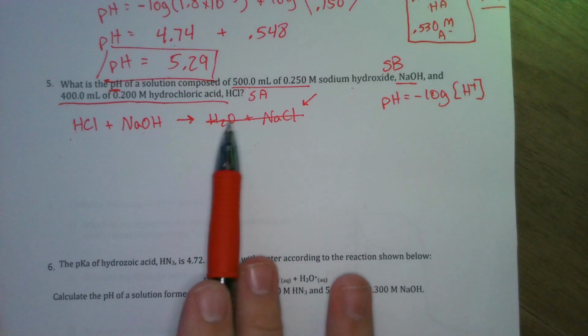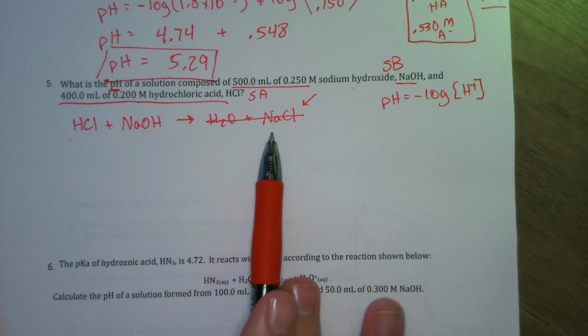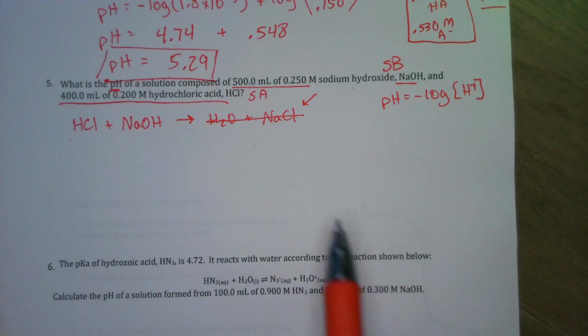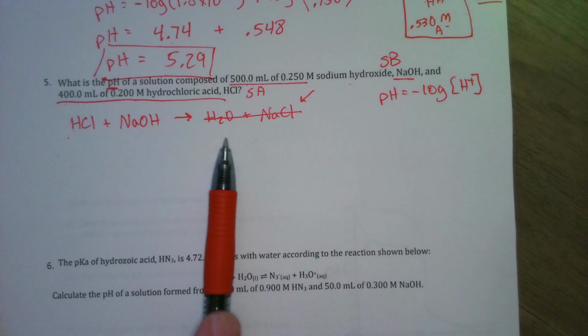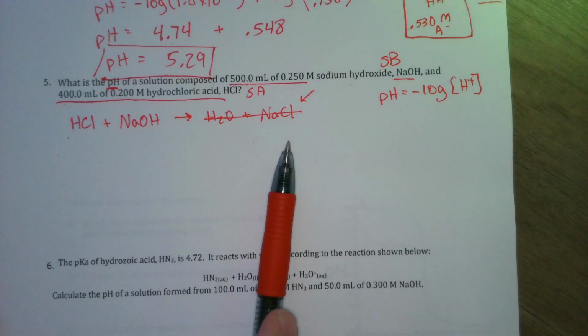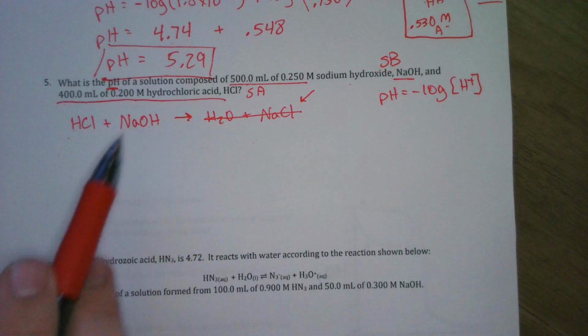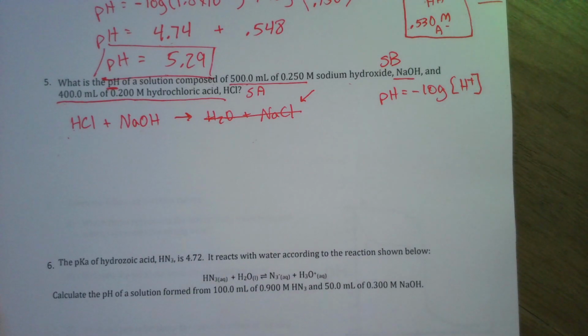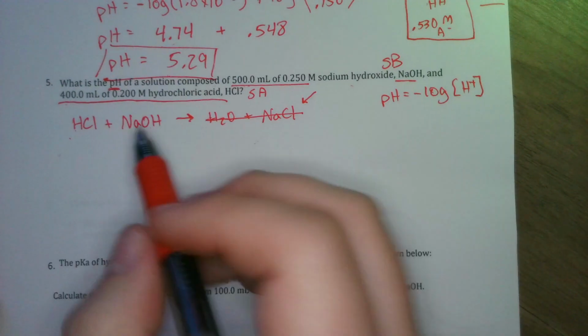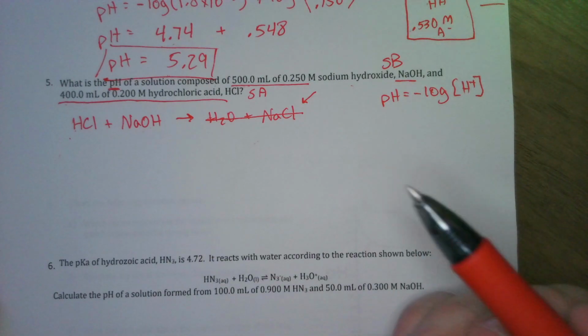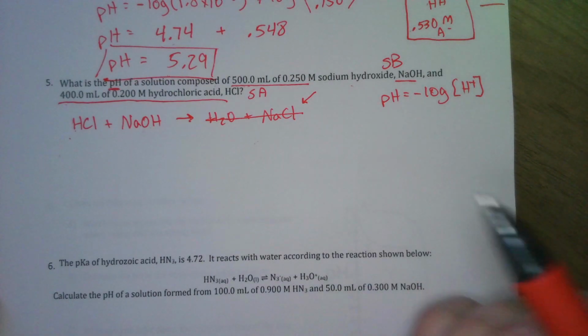And because of that, the H2O and the NaCl won't matter at all, right? H2O is neutral, NaCl is a neutral salt. So basically, all we actually care about for strong reactions are HCl and NaOH. Right? So I'm going to add these two things together, and I need to figure out how much remains afterwards.